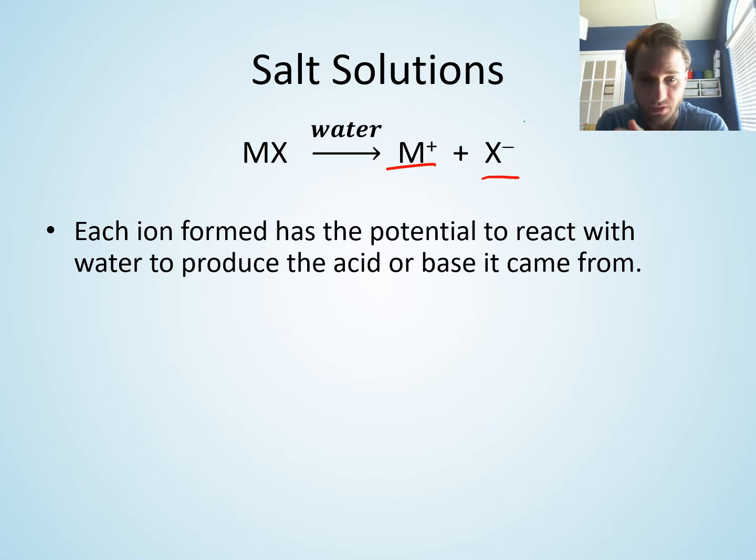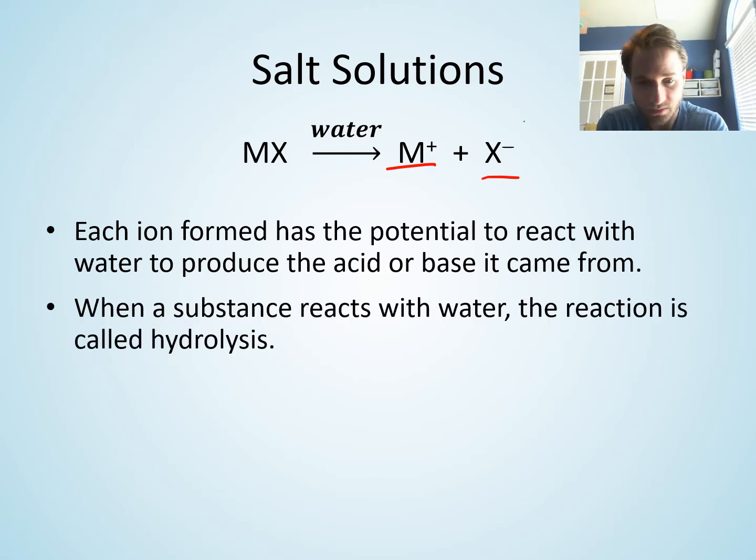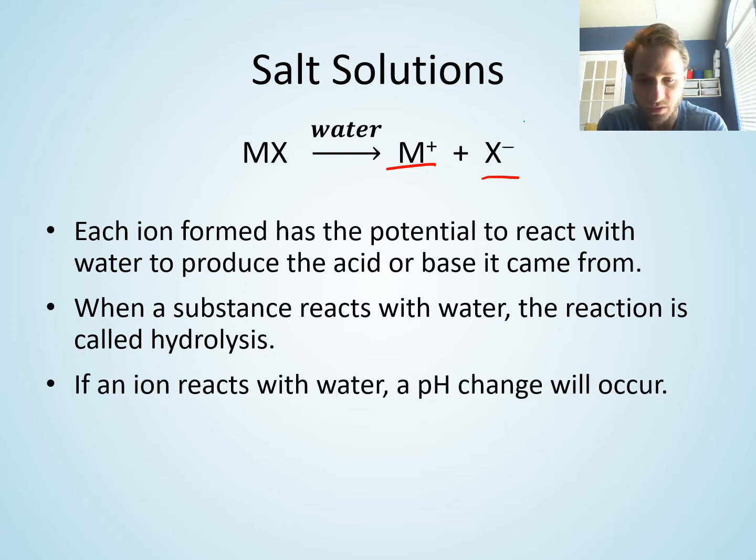Each one of those ions could potentially react with water to produce some sort of acid or base, and then it might produce hydroxide or protons. These reactions with water are called hydrolysis reactions. If anything reacts with water, it's called a hydrolysis reaction.